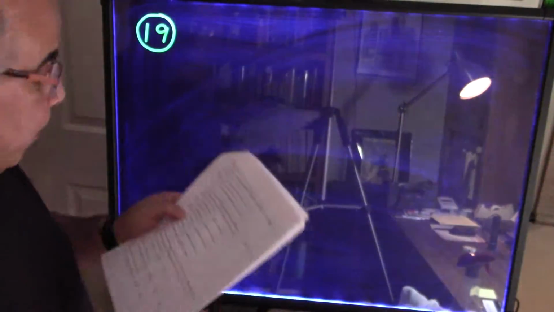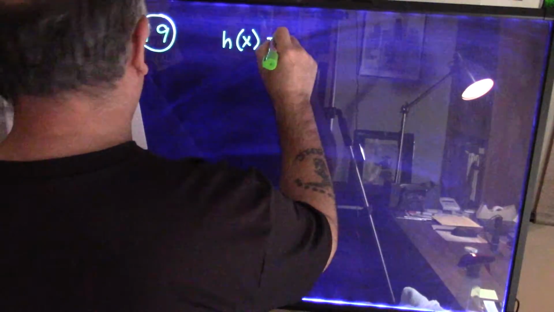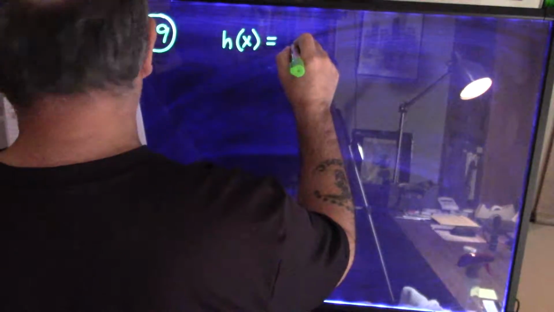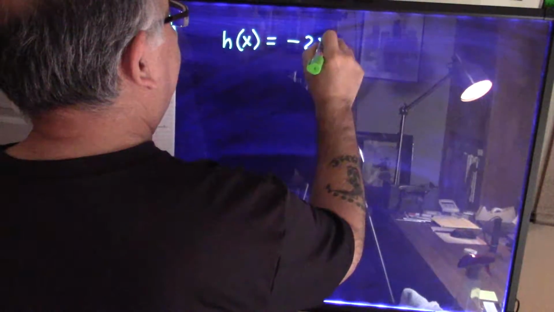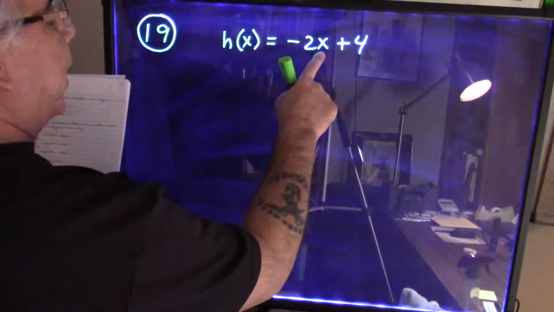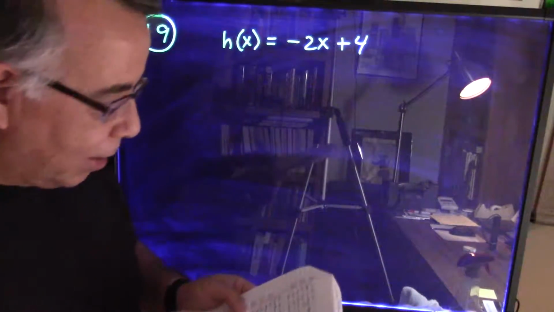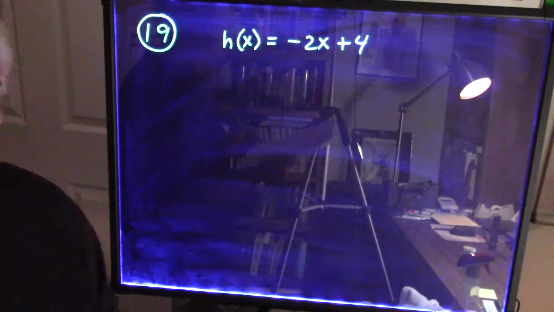Okay, number 19, we have h of x equals negative 2x plus 4. So the slope is next to the variable there, x. So the slope is negative 2, which means that it's decreasing. It's a negative slope. Decreasing.